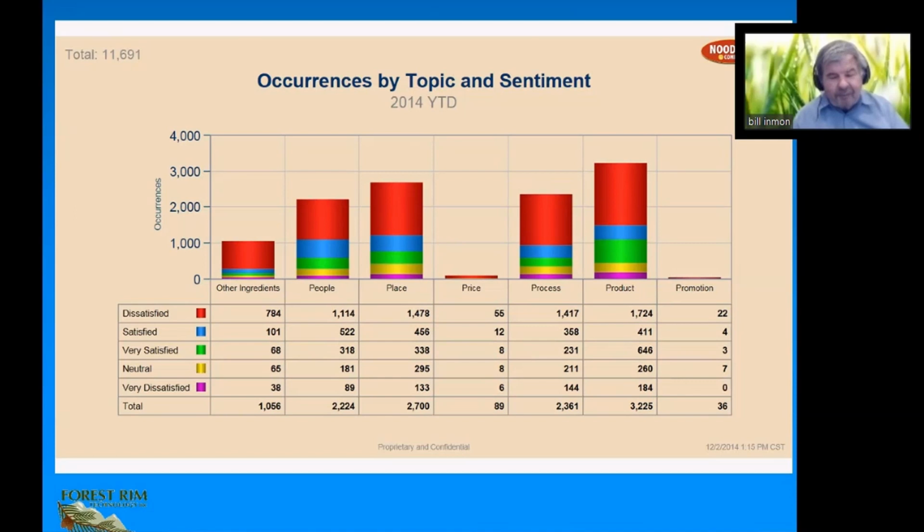The same goes for promotion. Promotions are what organizations sometimes do: advertising, things on television, things like that. This particular restaurant chain did a lot of promotion, but nobody said anything about promotion. And what does that tell you? That tells you that the promotions you're doing are not very effective.